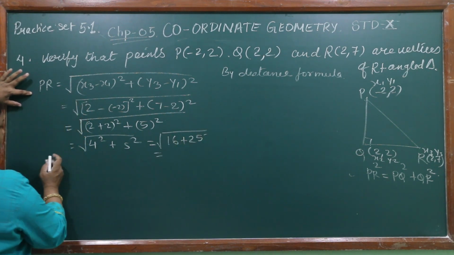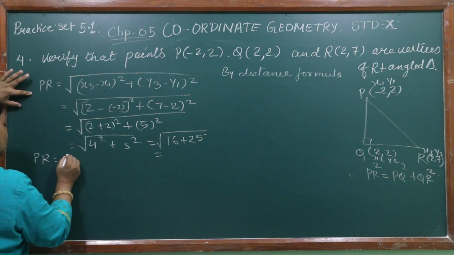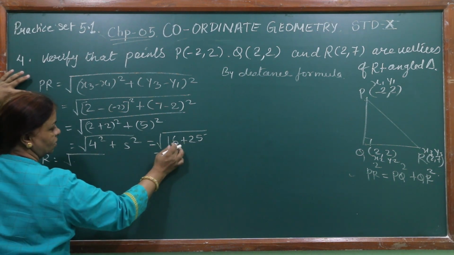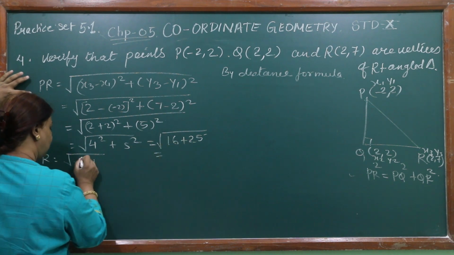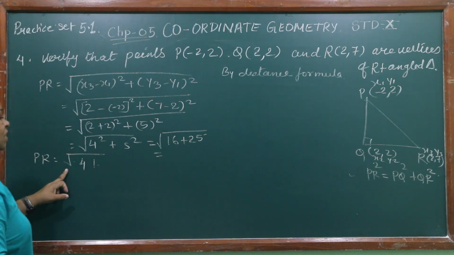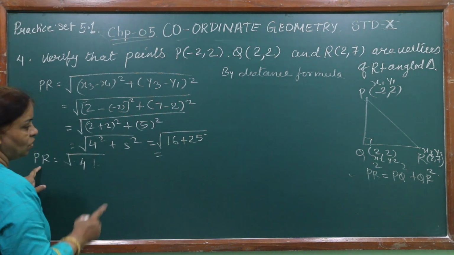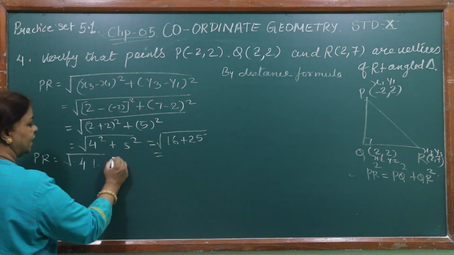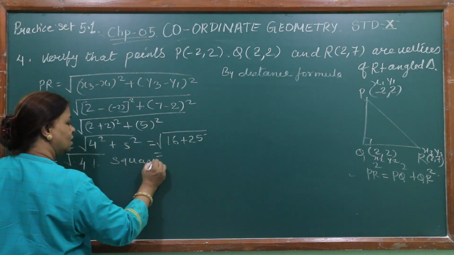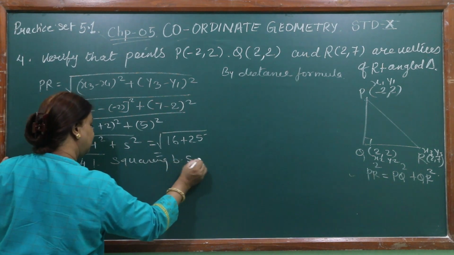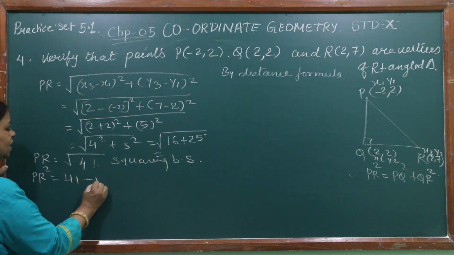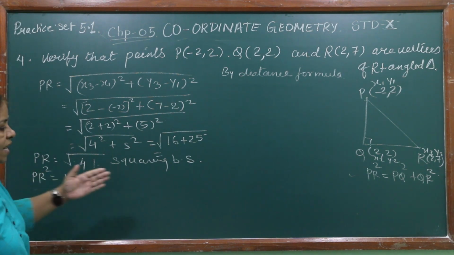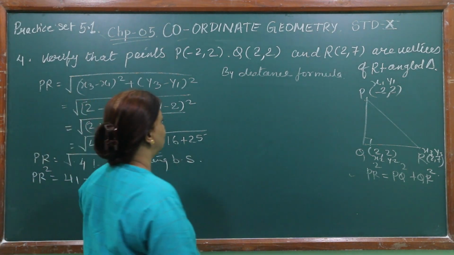So PR is equal to under root 41. So we got PR as under root 41, but we want PR square. Squaring both sides, we get PR square is equal to 41. This is our first result. Let us find PQ square and QR square.